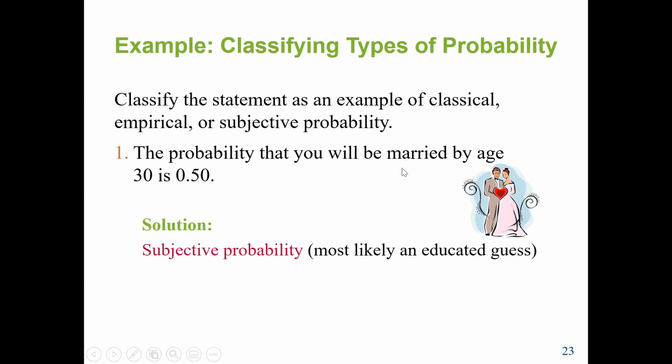So it's based on an educated guess or my intuition. So this is a subjective probability, most likely an educated guess. We don't have previous data or a relative frequency to come up with some probability value.